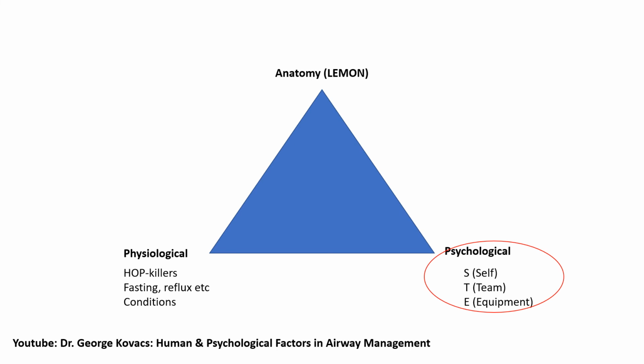He has some lectures on this called the Zero Point Survey, and also a paper on it. And the thing is, self, that is ourself. How are we feeling? Have we done this before? Are we stressed? Are we cognitively loaded? Have we peed? Are we emotionally where we should be? Are we tired? All these factors are important.